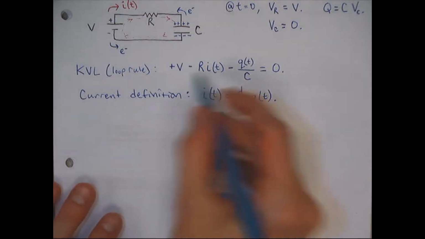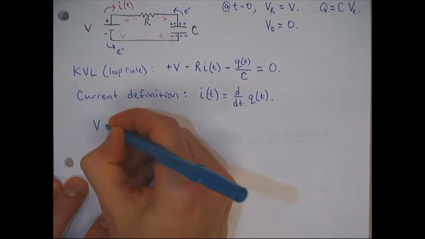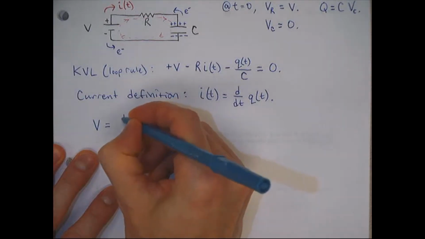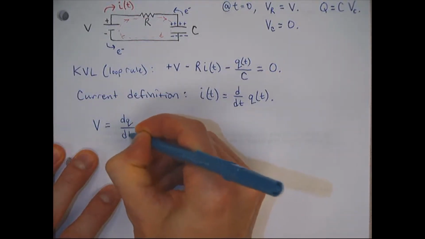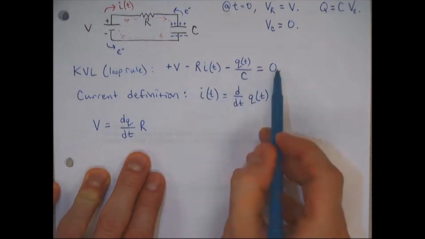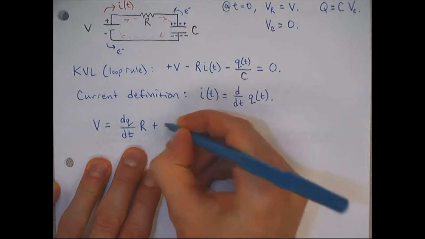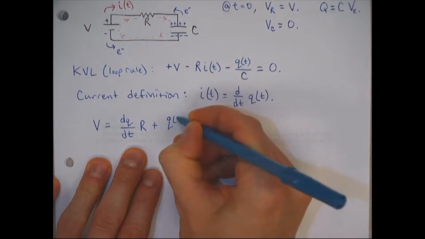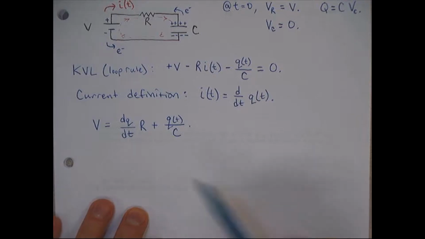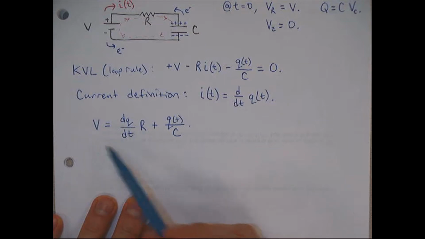Let's rewrite the equation then, our loop rule. We'll say battery voltage at all times is dQ/dt times R. Just push these over to the right, plus Q over C. What you see here is a first order separable differential equation.